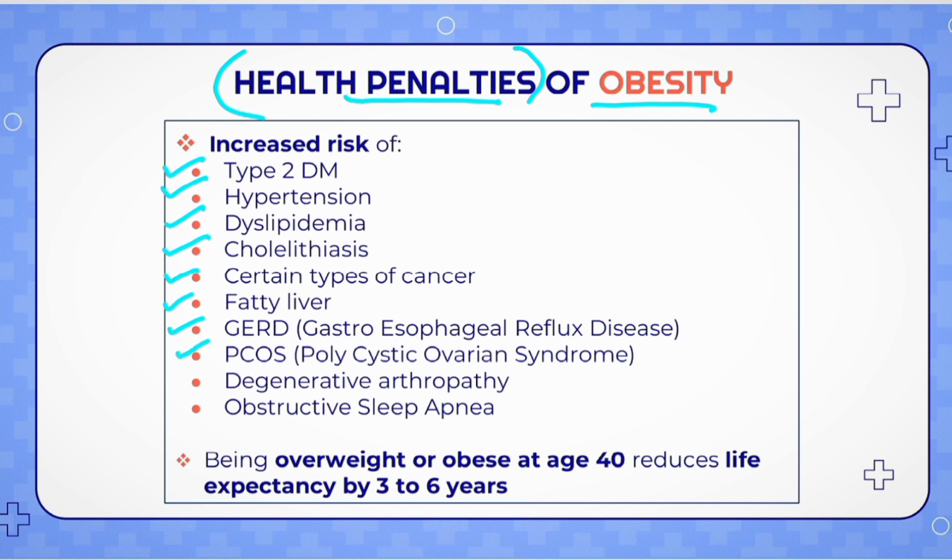It can also cause degenerative arthropathy as well as obstructive sleep apnea, OSA. It has been reported that if any person becomes overweight or obese at the age of 40, then the life expectancy reduces by 3 to 6 years.